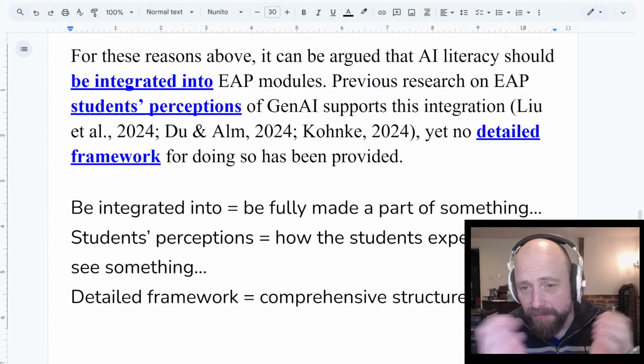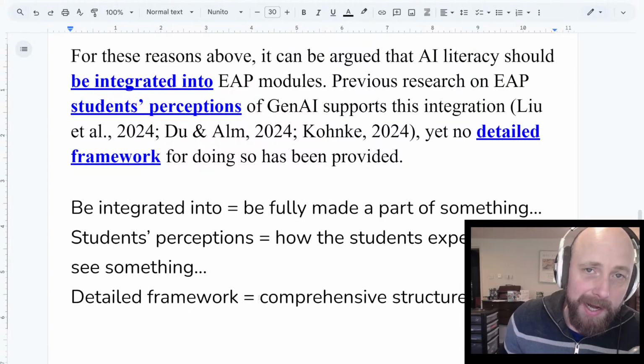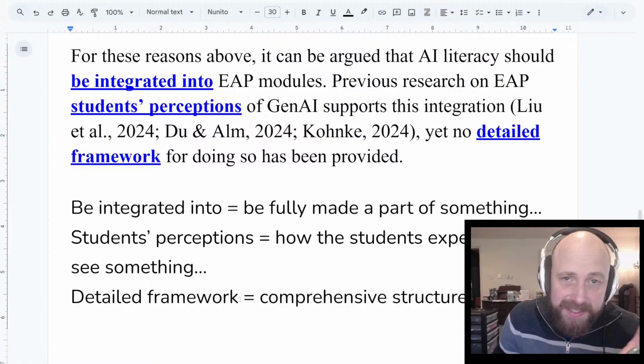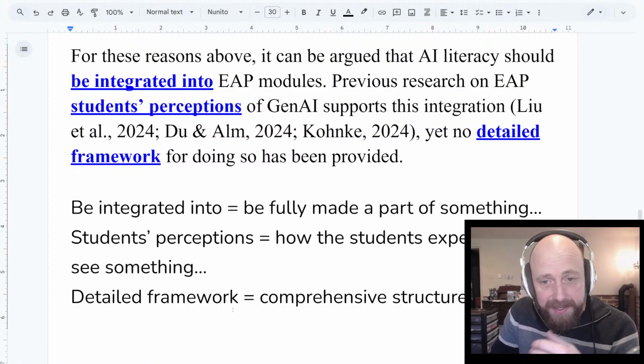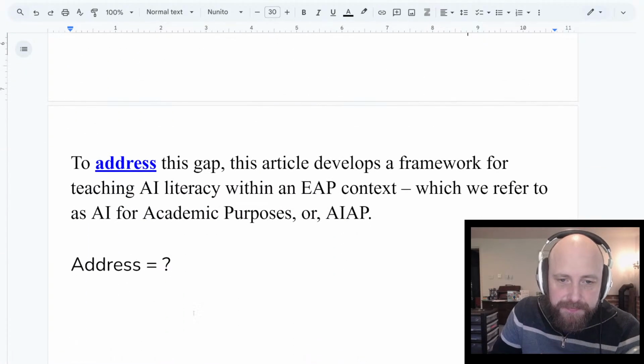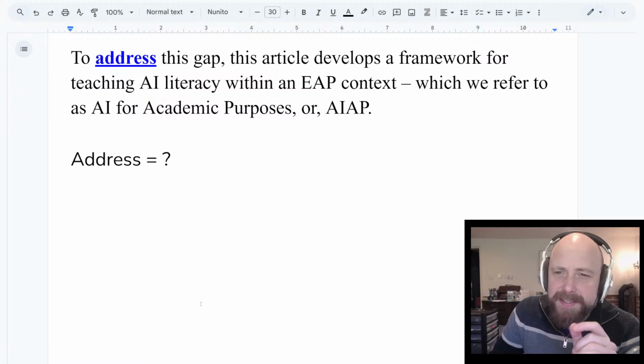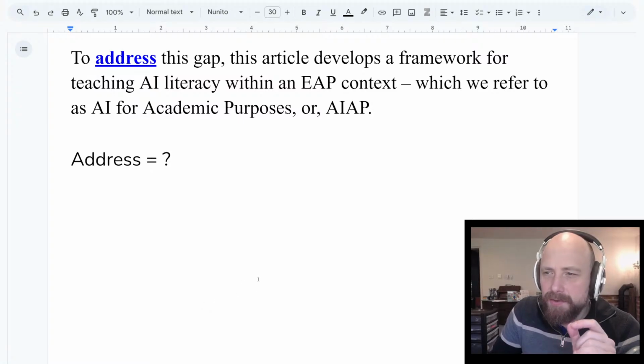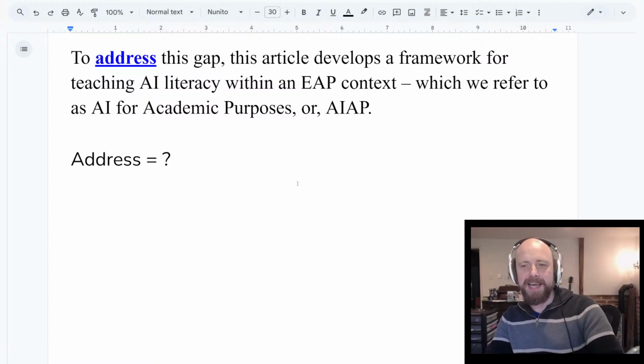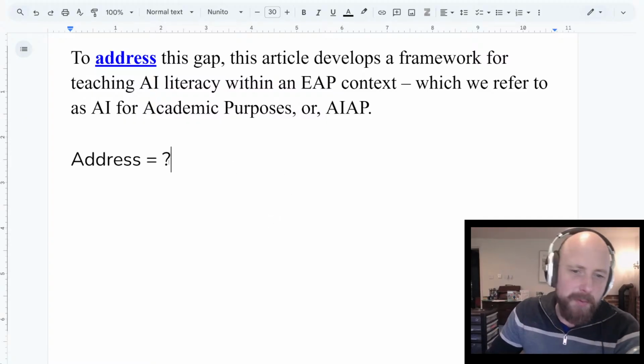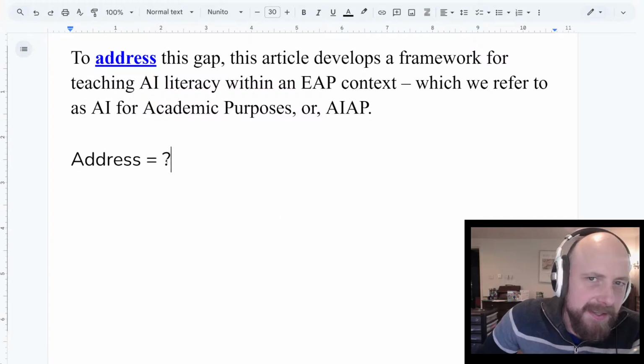But no detailed framework has been provided, which is why this paper has a goal of providing such a framework. To address this gap, this article develops a framework for teaching AI literacy within an EAP context, which we refer to as AI for academic purposes. That's AIAP.